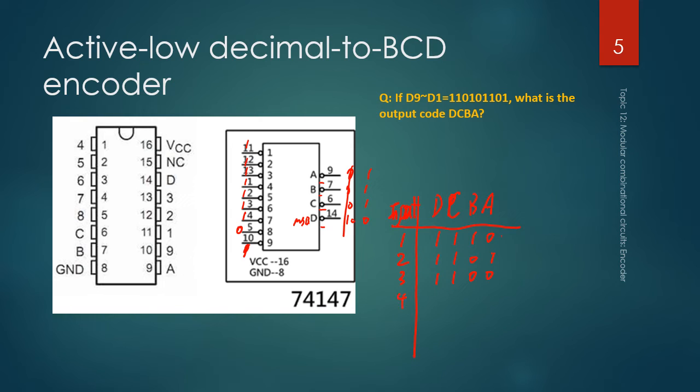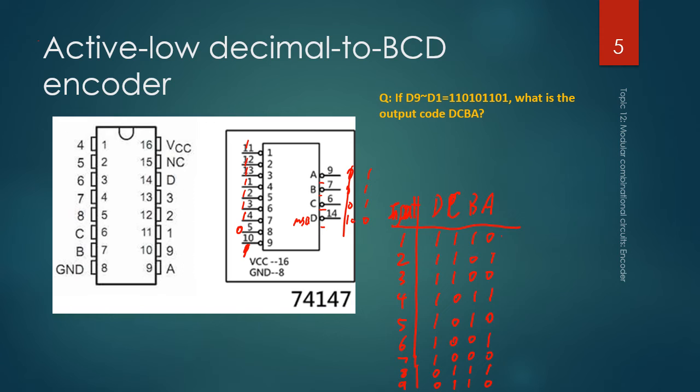3, you will get 1100. 4, you will get 1011. 5, you will get 1010. 6, you will get 1001. 7, 1000. 8, you will get 0111. 9, you get 0110.